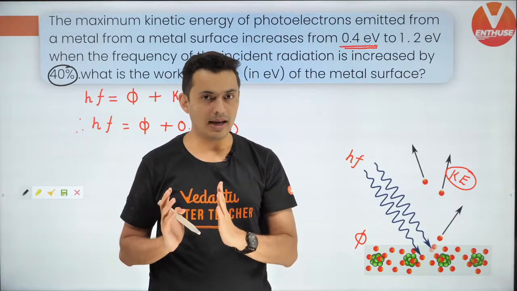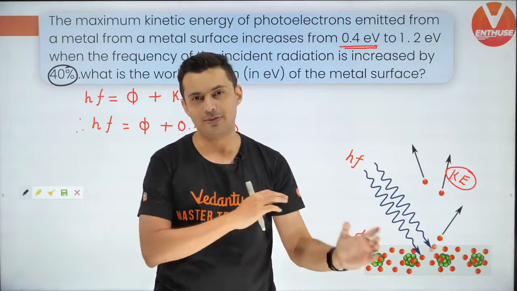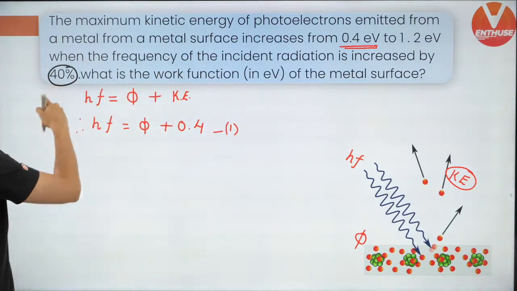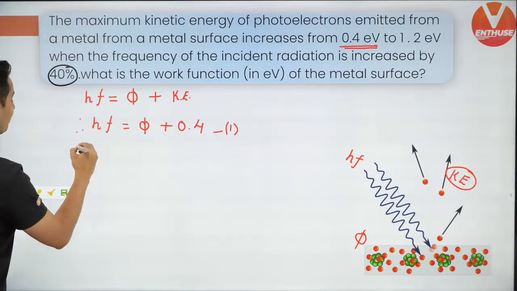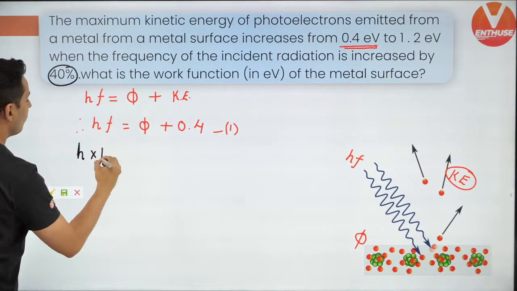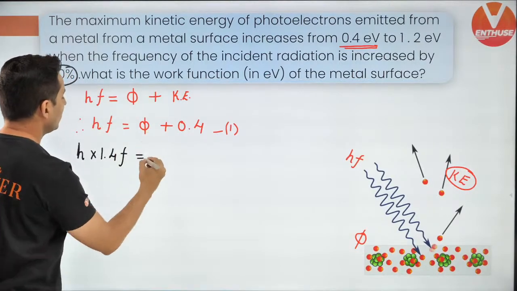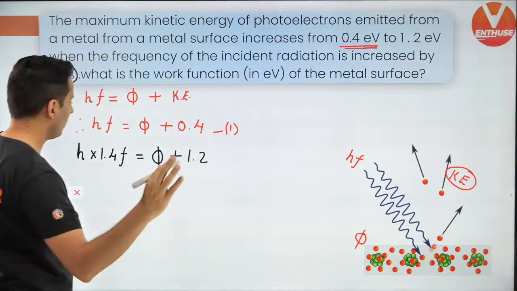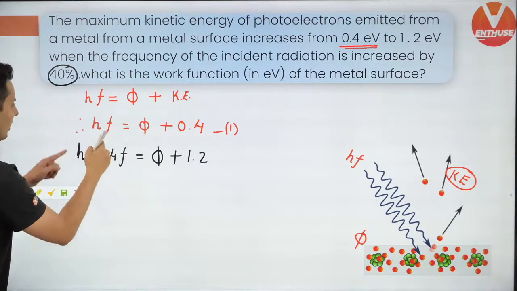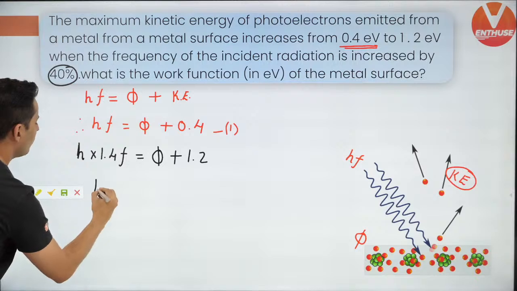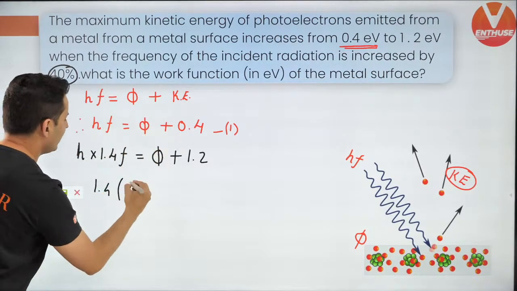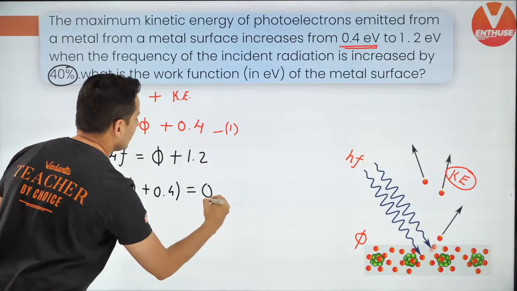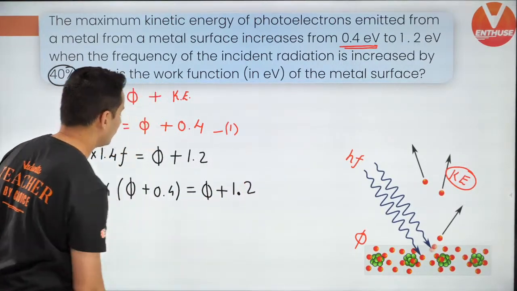So if the frequency was f, it will become 1.4f. So you will get h into 1.4f equal to phi plus 1.2. Now, hf is already known from the first equation. So 1.4 into hf, where hf is phi plus 0.4, is equal to phi plus 1.2.